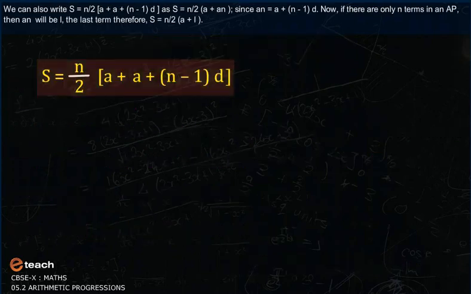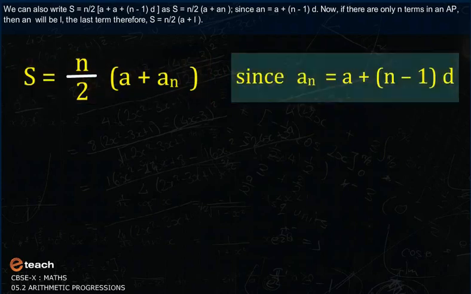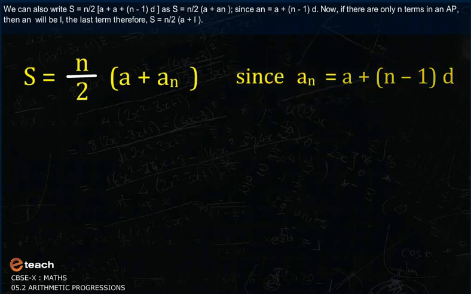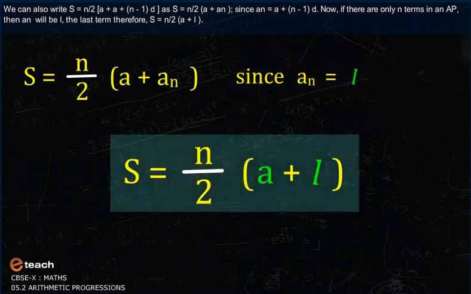We can also write s is equal to n upon 2 into bracket a plus into bracket n minus 1 d, as s is equal to n upon 2 into bracket a plus an, since an is equal to a plus into bracket n minus 1 d. Now, if there are only n terms in an AP, then an will be l, the last term. Therefore, s is equal to n upon 2 into bracket a plus l.